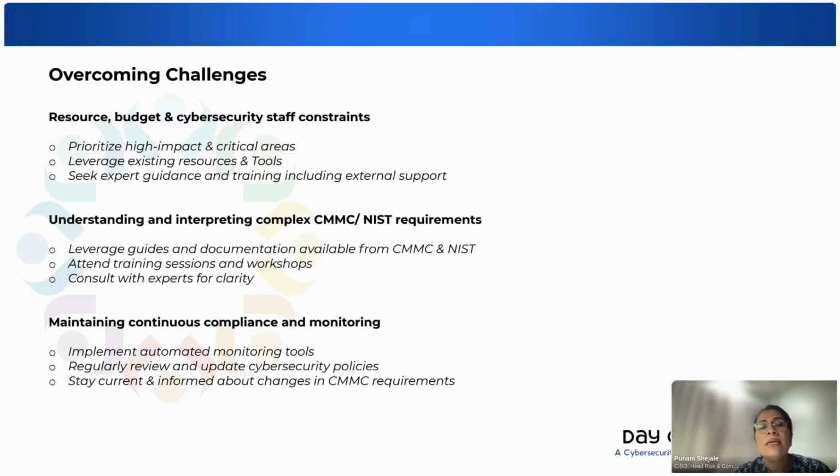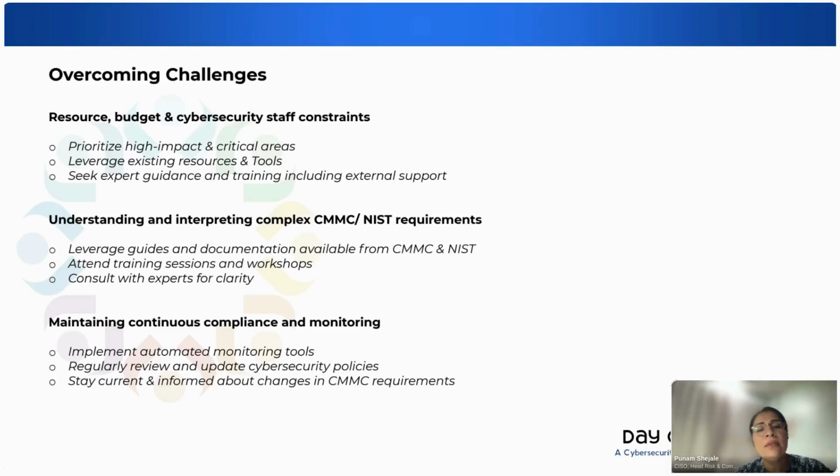And of course, there is a lot of external support guidance which is available, which can be leveraged also. So it's not that you have to do everything yourself. There are a lot of consultants outside who can provide that guidance and help you upgrade your maturity posture and guide you towards achieving that.